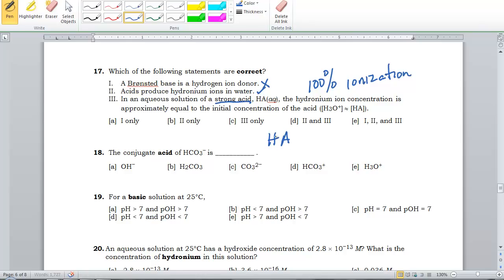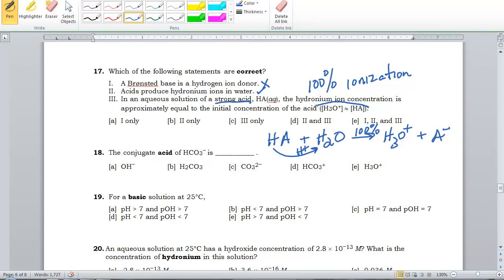This would be the acidic proton in water. Bronsted acid, hydrogen ion donor, producing hydronium. Acids produce hydronium, and then the conjugate base of that acid. Now, for a strong acid, we assume, and this is a really good assumption because the Ka values are very, very large, this reaction goes to completion.